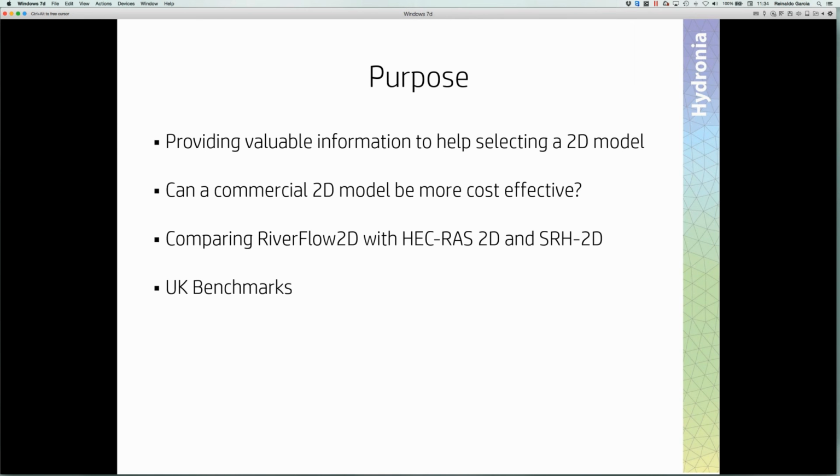And we have selected the benchmarks of the United Kingdom that have become a de facto standard to check or verify how models behave in different hydraulic situations. And I will talk about that in more detail.